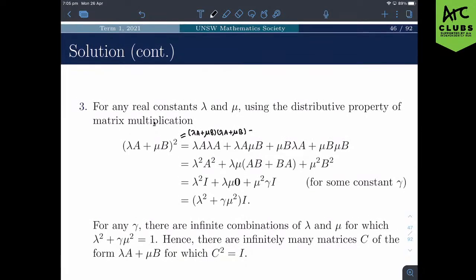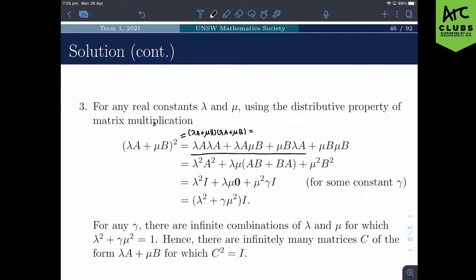So we use the distributive property, but we need to make sure that every matrix that appears on the left has to stay on the left of any matrix that we're multiplying with on the right. So let's write it out carefully.